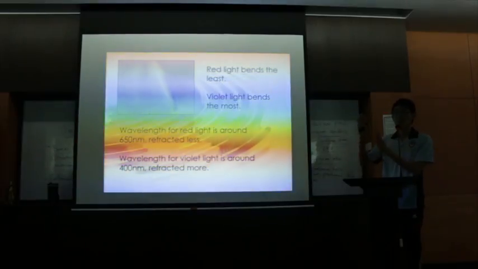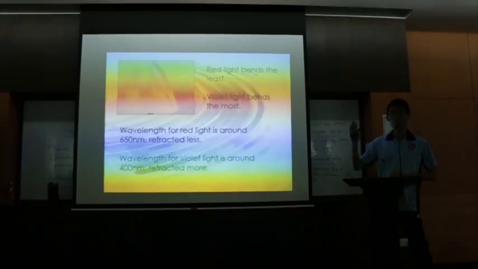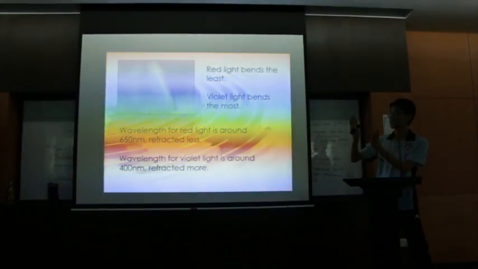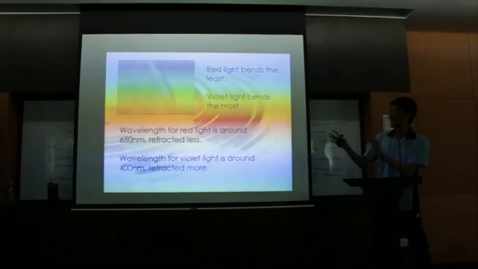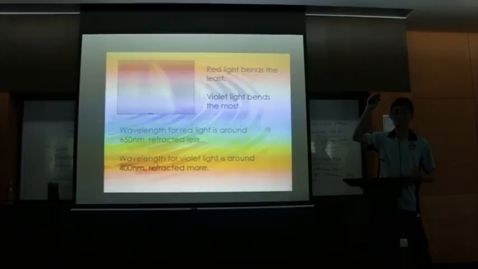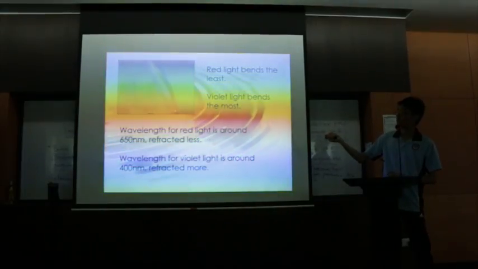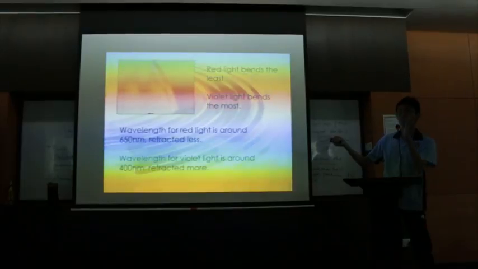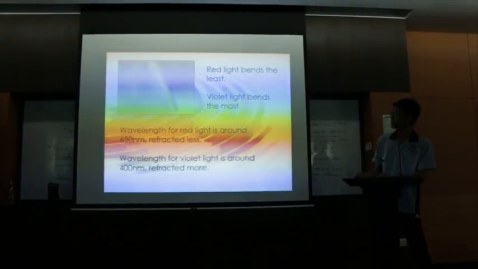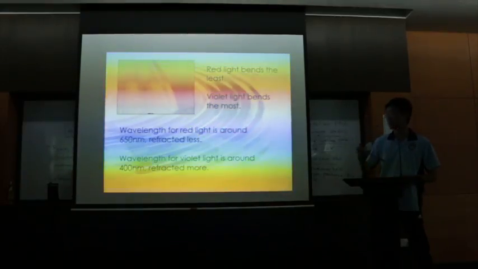If it's refracted more, it will bend more. Not really, refracted less means it will bend less. If it's more, it will curve even more. So red light, refracted less, will go outwards, and violet, refracted more, will tend to bend inwards. That's why red is on the outer side and violet is on the inner side.